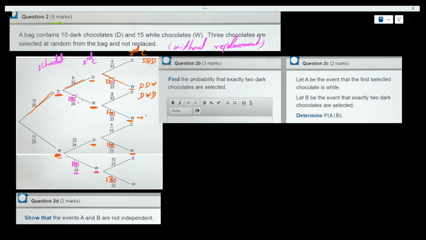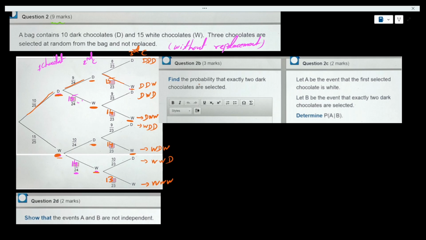Then this is your dark white white, then this is going to be your white dark dark. Then here this part is white dark white, and this is white white dark, and the last one is going to be white white white, right? So how many possibilities if you will see here? These are the possible combinations of white and dark chocolate.